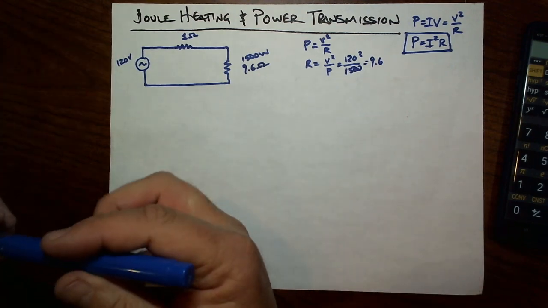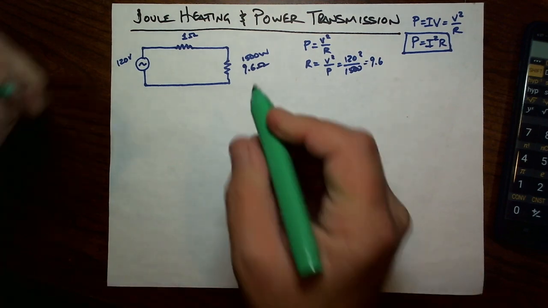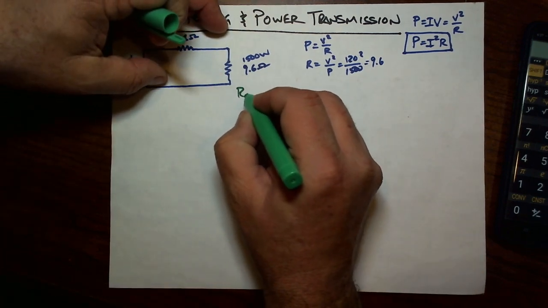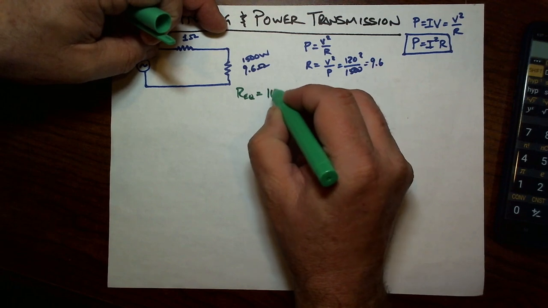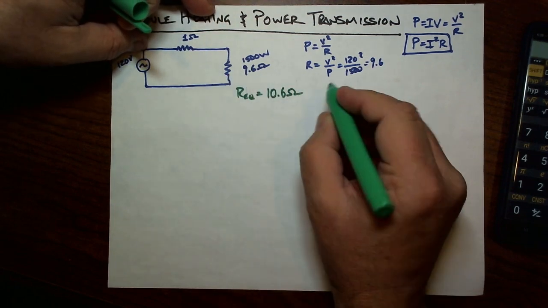Okay, there's a simple circuit. We can work out some things about this circuit. We can say, oh yes, well now the total R_eq is going to be 10.6 ohms, one from my wires and 9.6 from the hair dryer.